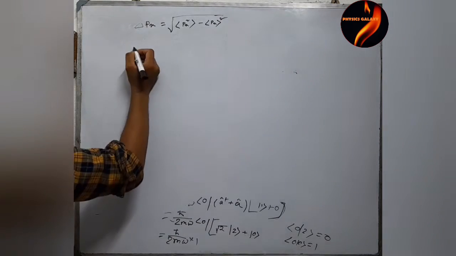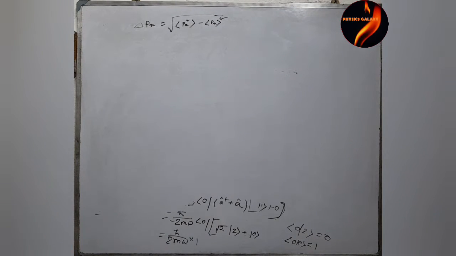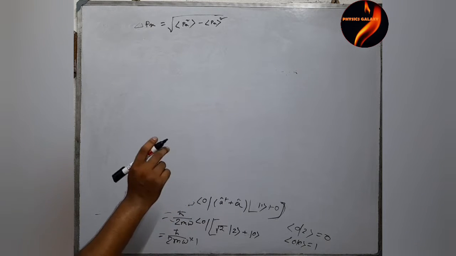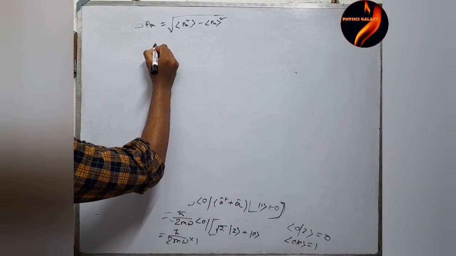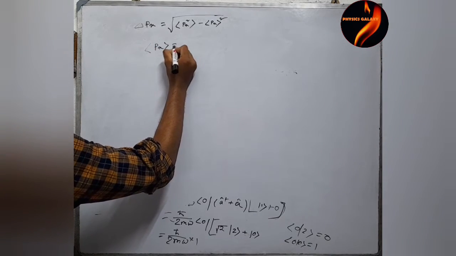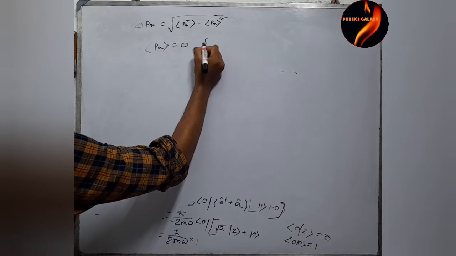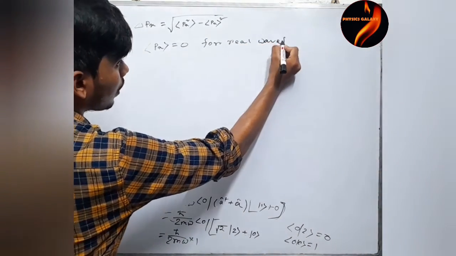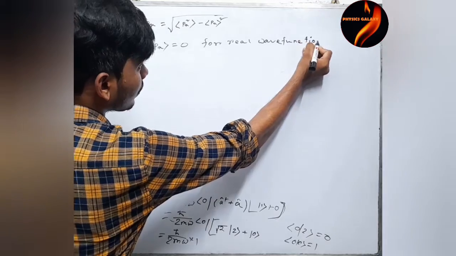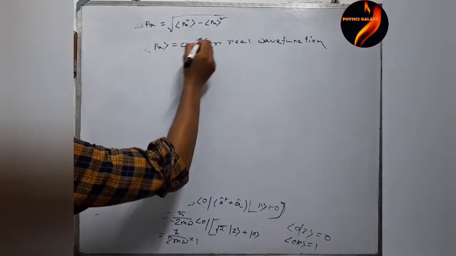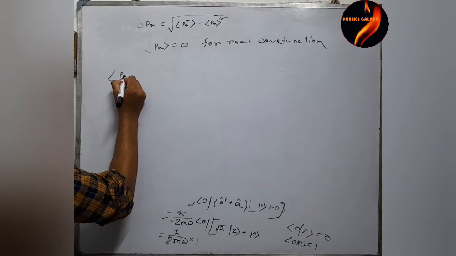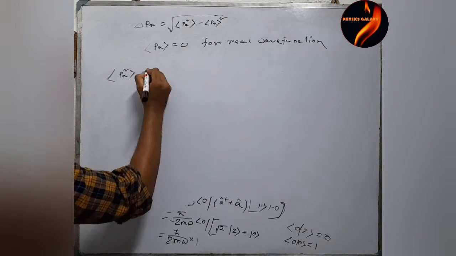As we look into the wave function of the simple harmonic oscillator, the wave function is always real, and for a real wave function the expectation value of momentum should be 0. And we have to calculate the expectation value of px² for the ground state.